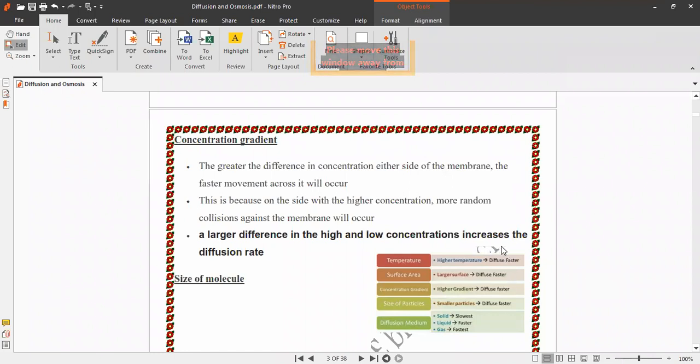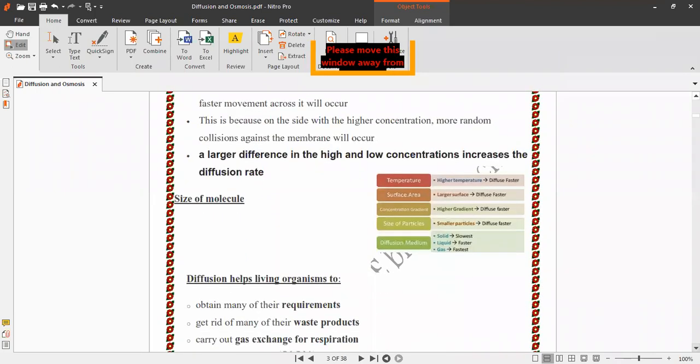Because on the side with the higher concentration of particles, there are more random collisions against the membrane. So the rate of diffusion increases. Also the size of molecule: the smaller particles diffuse faster than the large particles.